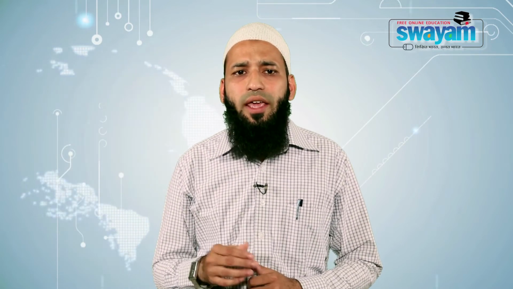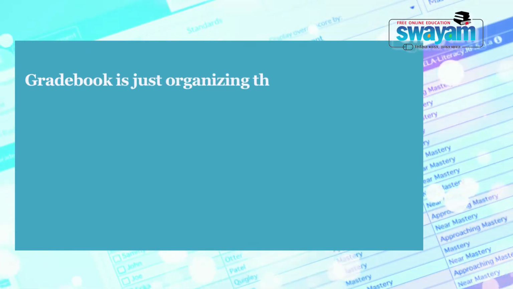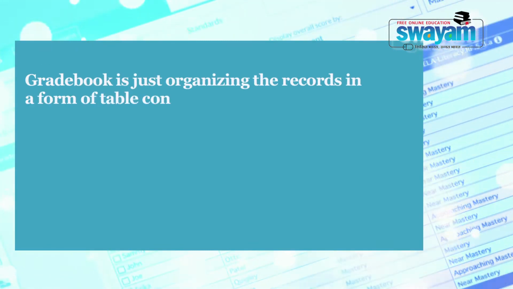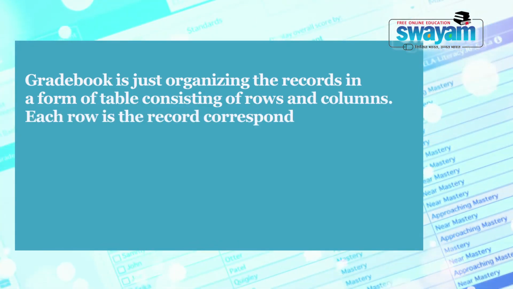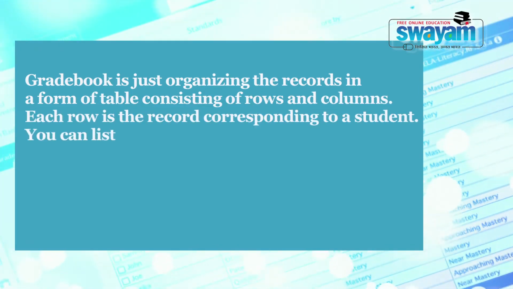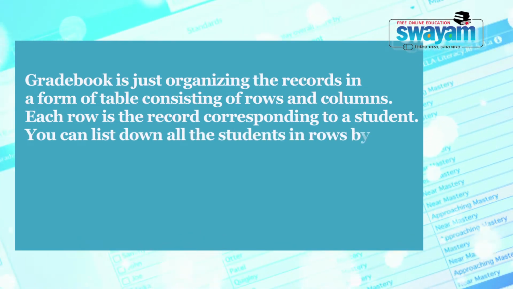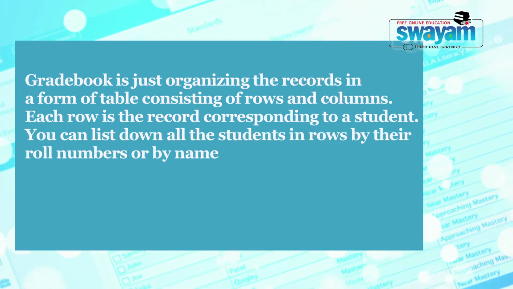Gradebook is just organizing the record in the form of a table consisting of rows and columns, each row in the record corresponding to a student. You can list down all the students in rows by their roll number or by name or by both in sequence order.